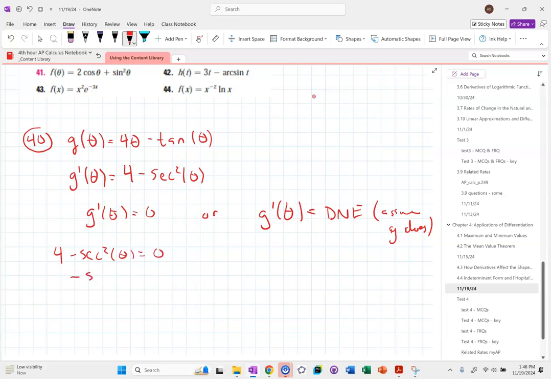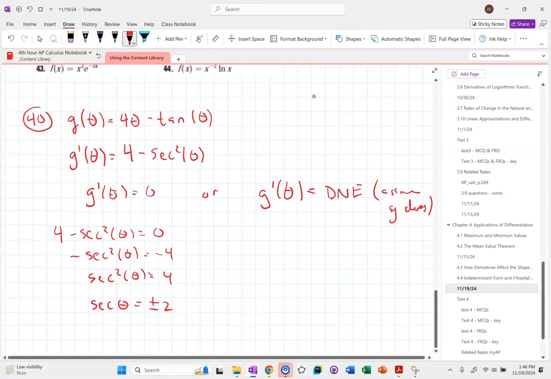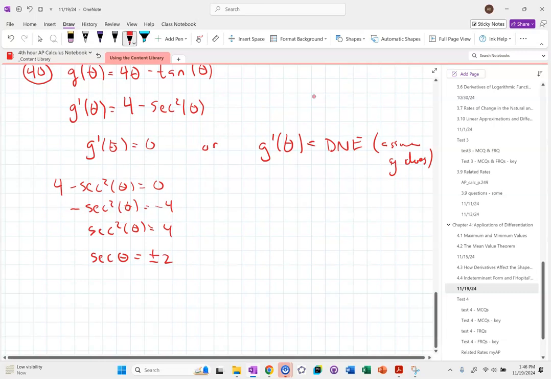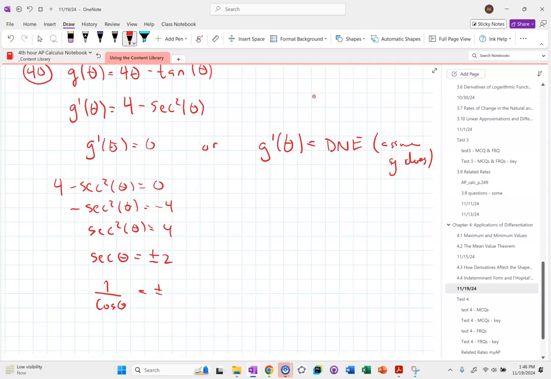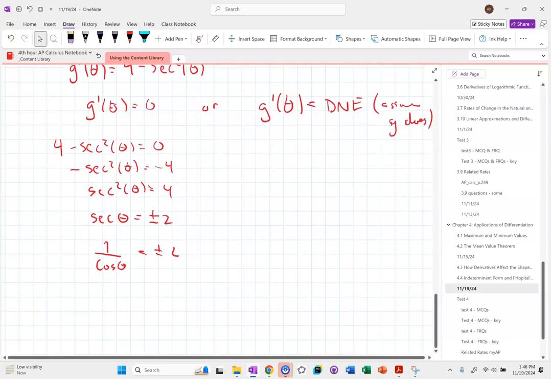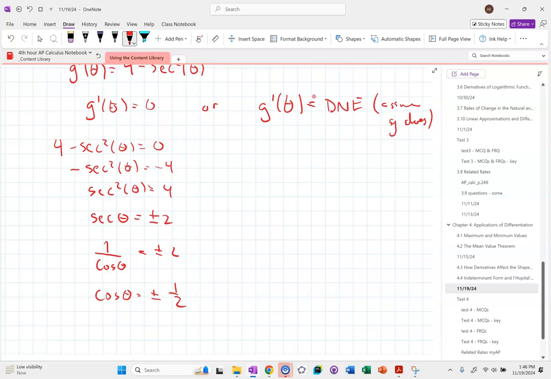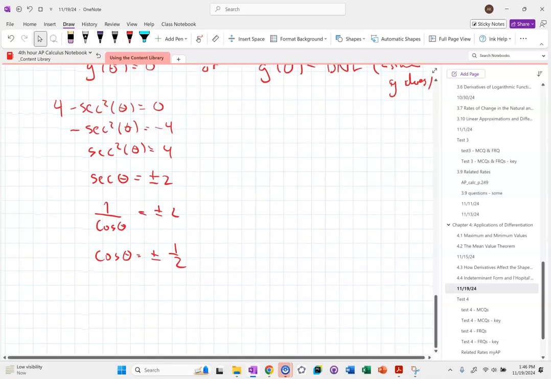So I'll subtract 4 from each side. Divide by the negative 1. Square root both sides. I'm not great with tangents or secants, but I can do cosines. I remember secant is 1 over cosine. I don't want to do 1 over cosine, so I'll flip that, and in flipping one side, I have to flip the other. So I'm looking for where cosine is equal to plus or minus 1/2.